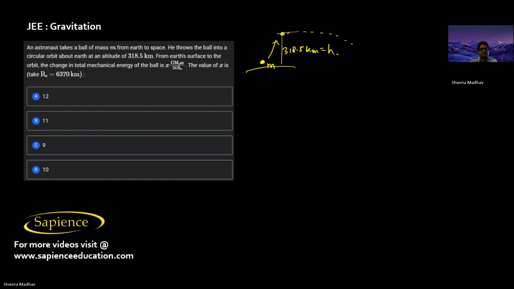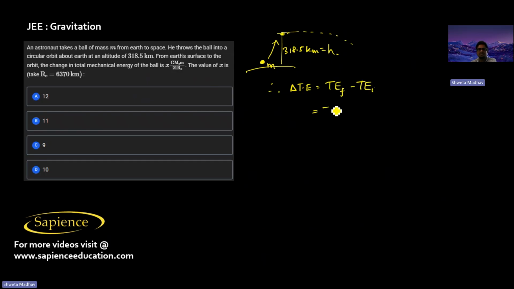x into GMm by 21 RE. The value of x is, take RE equal to 6370 kilometer, which is the radius of the Earth. So now, the change in total mechanical energy is equal to the final total energy minus the initial total energy.